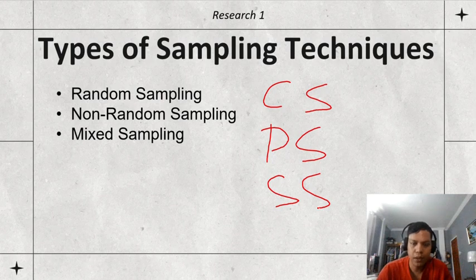So for example, for convenience sampling, you went into a mall, and then every individual that you encountered, you distribute the survey questionnaire. So it is easy to find research respondents because this is convenience sampling.